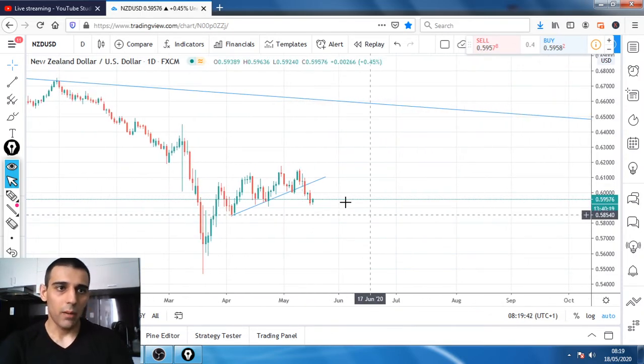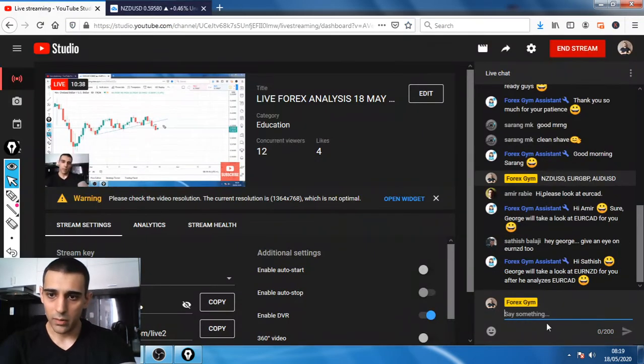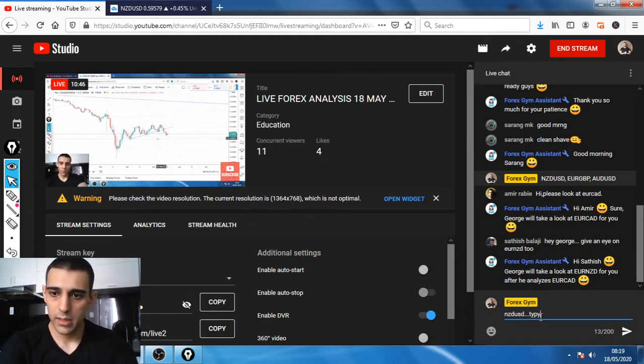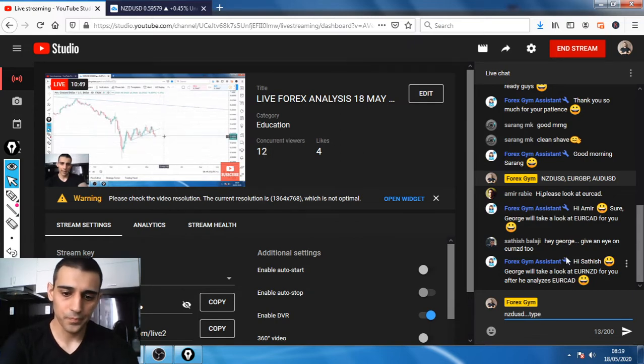So I'm going to write the levels down now on this one. The pair is NZDUSD. The type is sell. Oh, my caps lock isn't on. I don't like writing with caps lock.